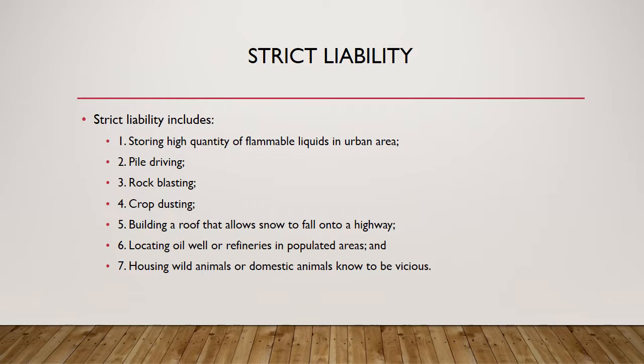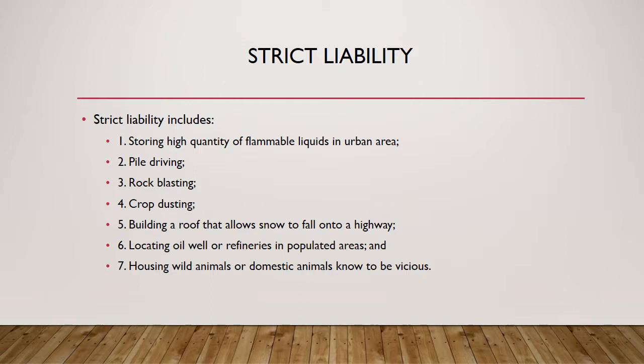So strict liability has been imposed in these types of cases. One was a case in which they were storing high quantities of flammable liquids in urban areas. Other strict liability cases involved pile driving, rock blasting, crop dusting, building a roof that allows snow to fall into the highway, locating oil wells or refineries in populated areas, and housing wild animals or domestic animals that are known to have a propensity to be violent.